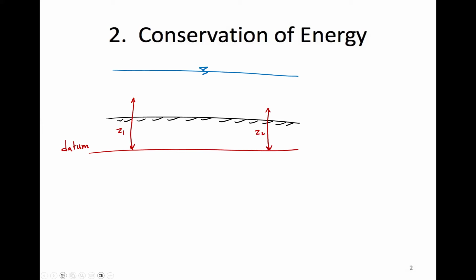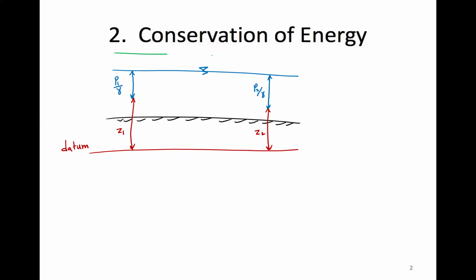Okay. Remember from the Bernoulli equation, we have three terms. We have elevation, we have pressure, and velocity. Pressure, if it's hydrostatic, it's simply the height of the water column above that point. So at section 1, it will be P1 over gamma, this distance. At section 2, it will be this much, P2 over gamma. That's the pressure head. And then finally, we have the velocity head.